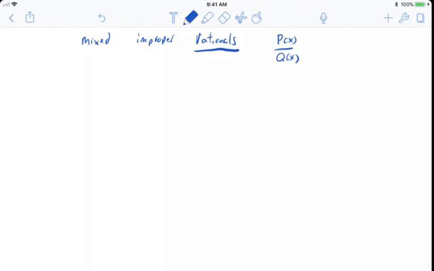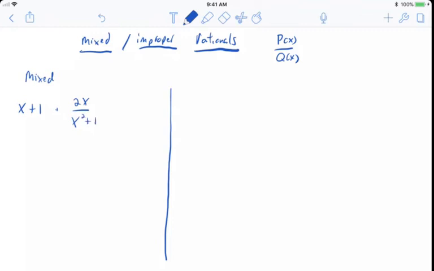So I'm going to write one example of each, and then I'll tell you how to figure out whether it's mixed or improper. Okay, so this one here is mixed, and this other one here is improper.